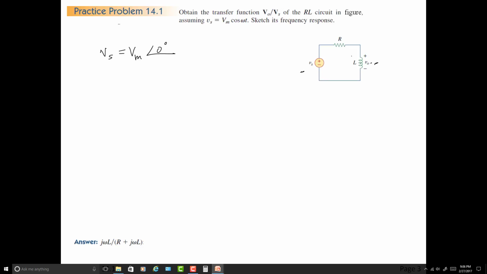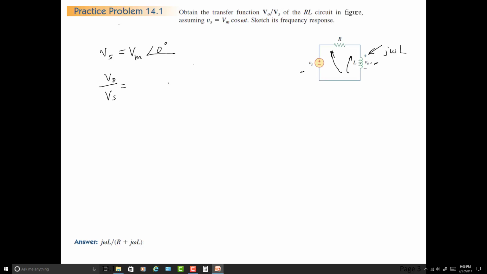Now, if I look at this circuit over here, it's really just a voltage divider, right? I can look at this and say the impedance is j omega L. And so I could very easily say right away that any transfer function V out over Vs is simply going to be the amount of voltage that falls across the inductor against the total amount that falls across both the inductor and the resistor, right?